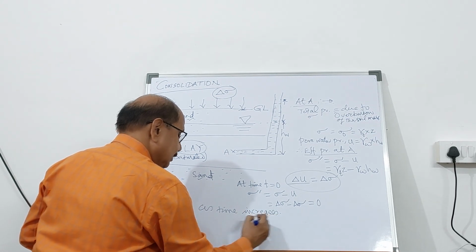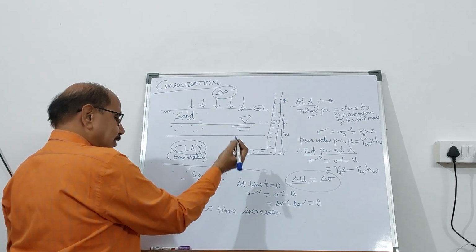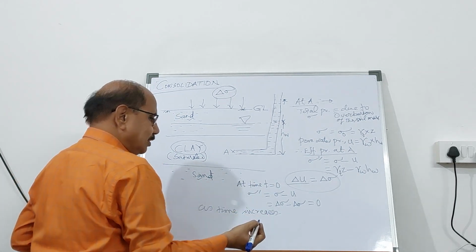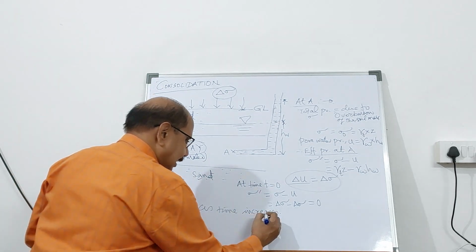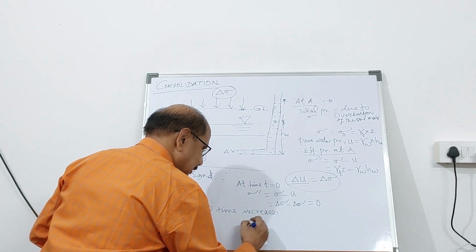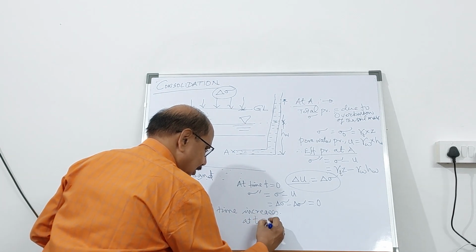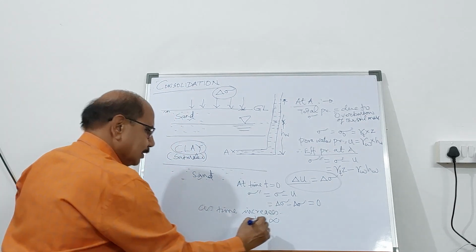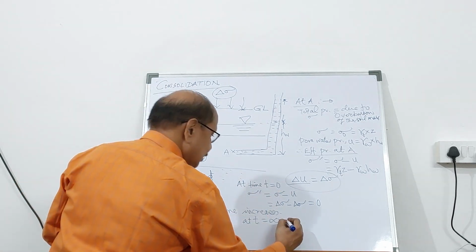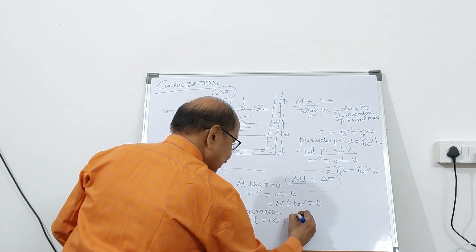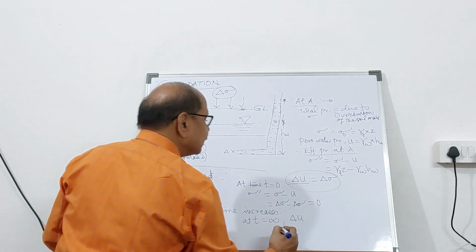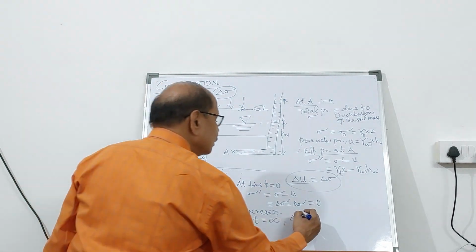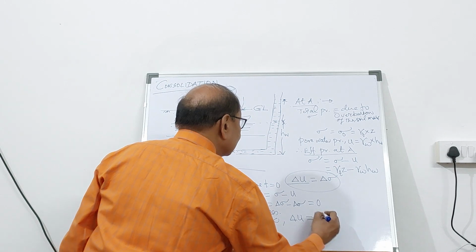As time increases, you will find that this excess pore water pressure gradually dissipates, and at time t equal to infinity, the excess pore water pressure delta U becomes equal to 0.